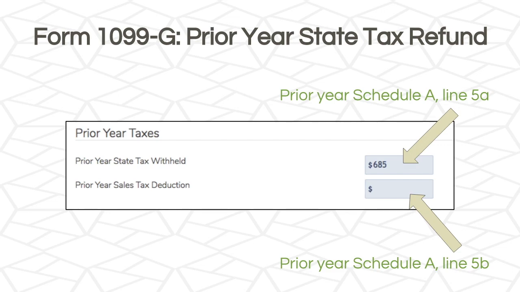Now remember, the only way that a taxpayer's state tax refund from the prior year will be taxable is if the taxpayer deducted state income tax when itemizing on their federal return. So really, we're mostly concerned with this first blank. If they took state sales tax deduction on their prior year federal return, then their state tax refund will not be taxable.